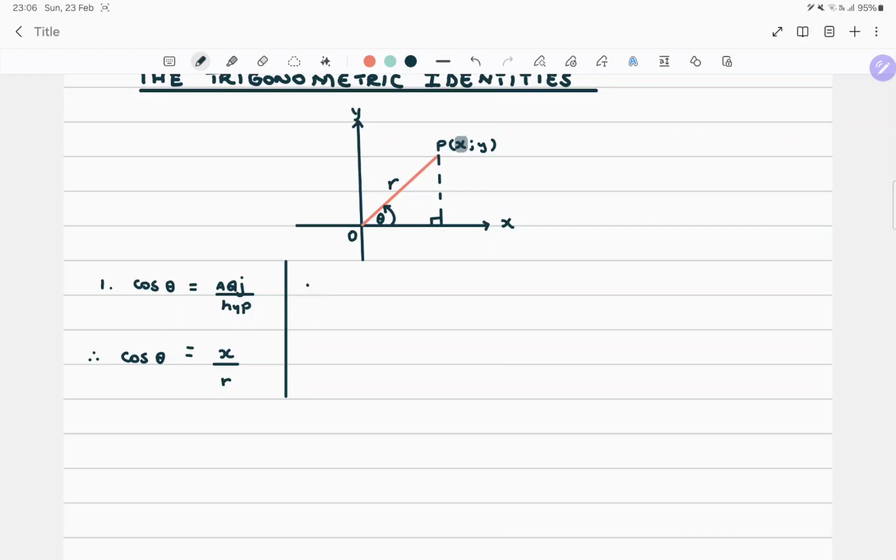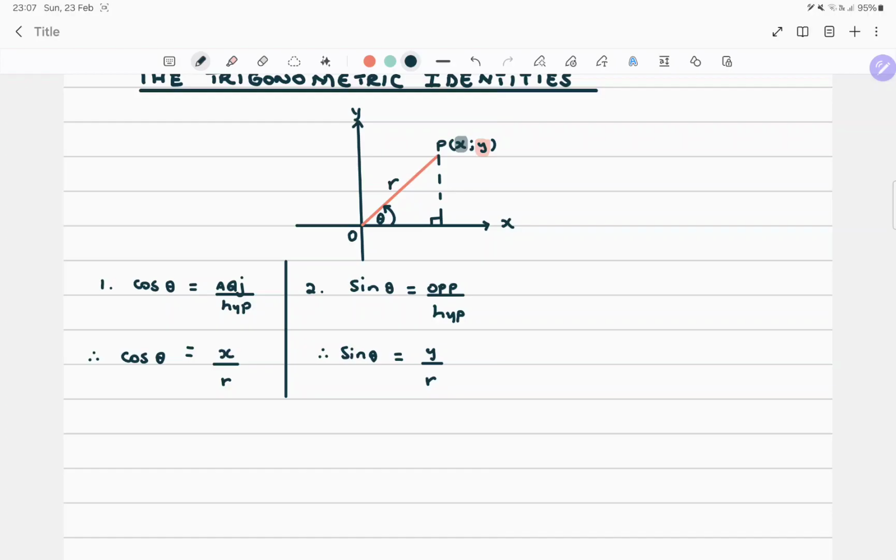Number two, we know that the sine of theta is defined as the opposite side over the hypotenuse side. Right. Therefore, our sine theta is equal to, the opposite side is now y. So we have y over the hypotenuse side, which is r.